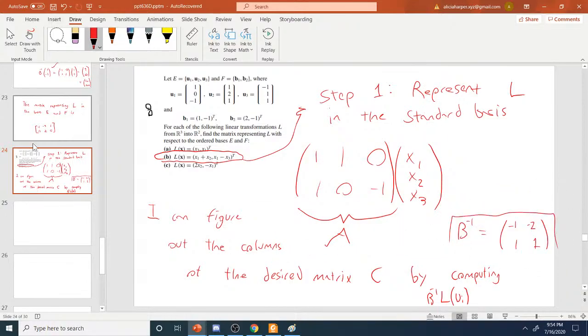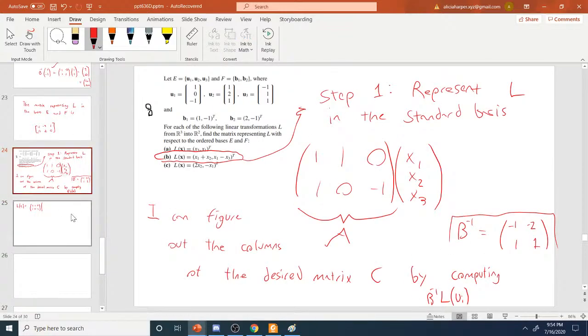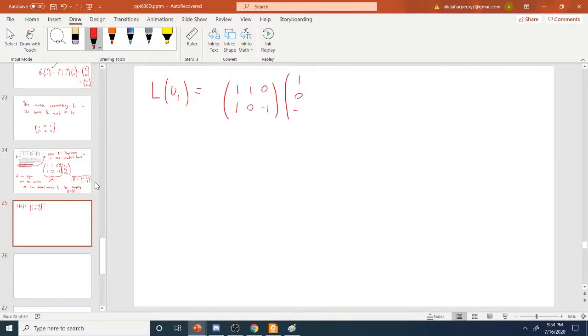So now we can go through this problem. First thing we'll do is compute L of U1. This is the same thing as 1, 1, 0, 1, 0, negative 1, multiplied through by the vector 1, 0, negative 1, which is 1 here, 2 here.